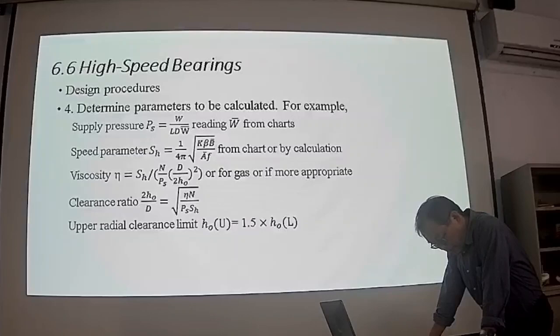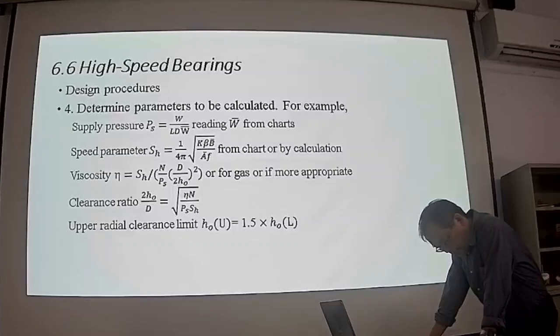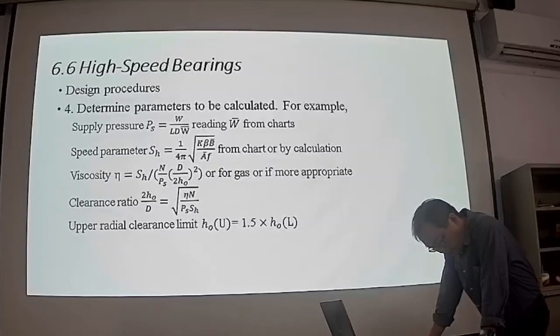And step three is that determine parameters that may be selected. Okay, the first one is length width ratio, A divided by L. So this one would be 0.25.